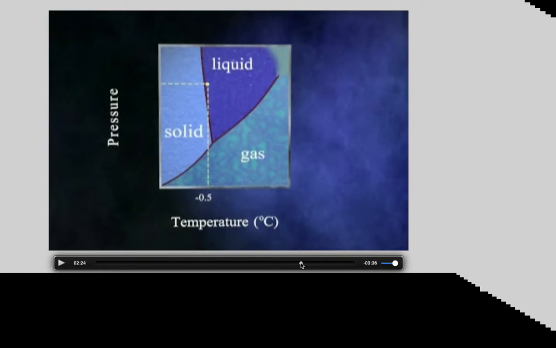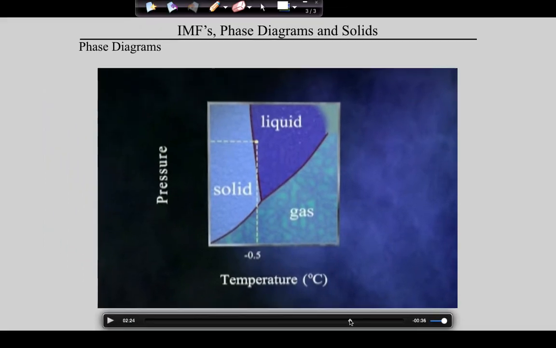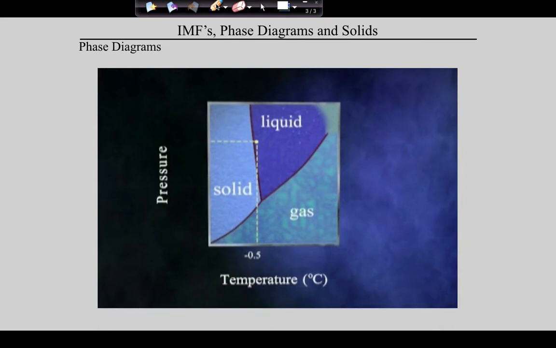Go ahead. It's going to be slanted the other way. So guys, for every other substance, this line slants this way, and this is solid over here. So the idea is if you've got a liquid here and you squeeze it, it becomes a solid, right? Doesn't that make sense?